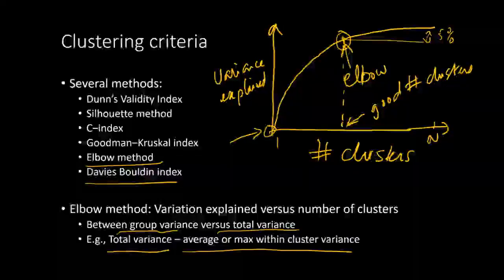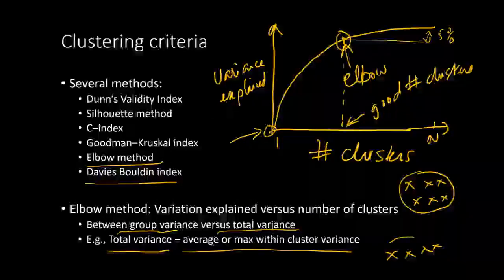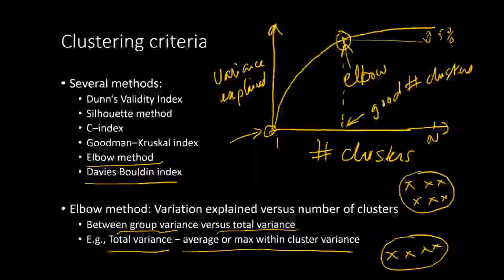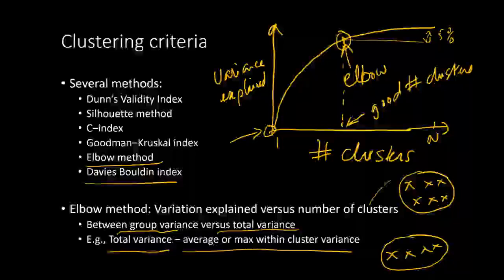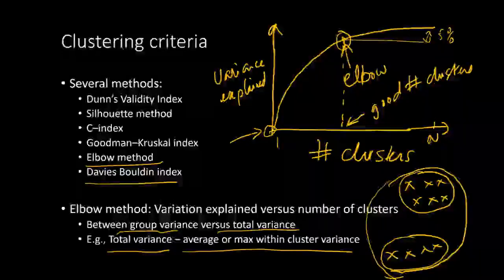On the other hand, let's say these are the points and these are two different sets of points. If we look at this set as well as this set, the total variance would be proportional to, let's say, the radius of this circle.